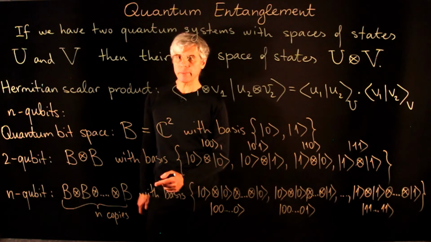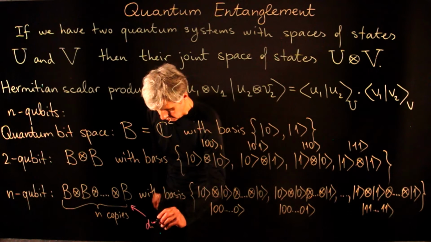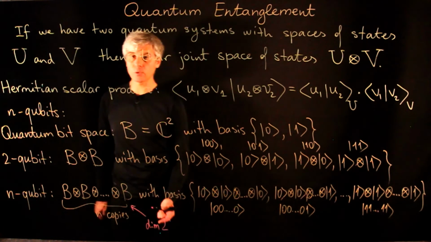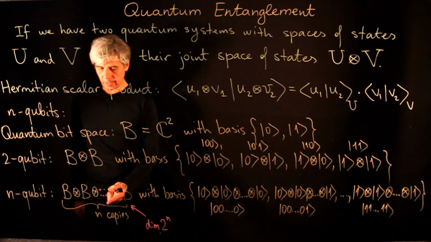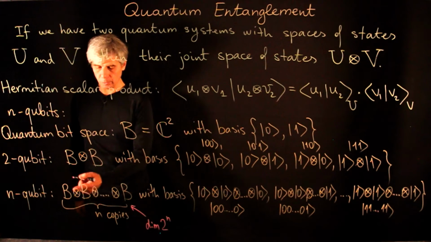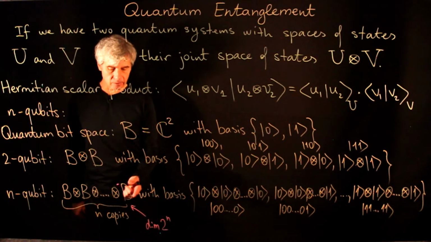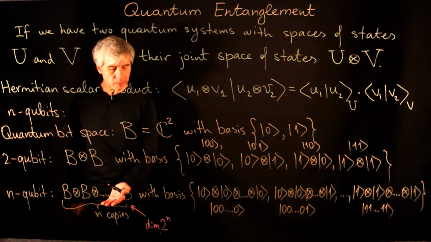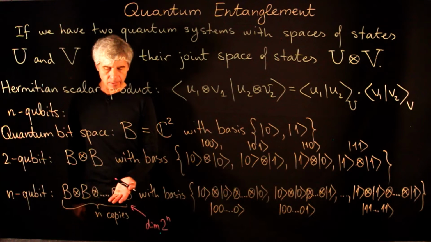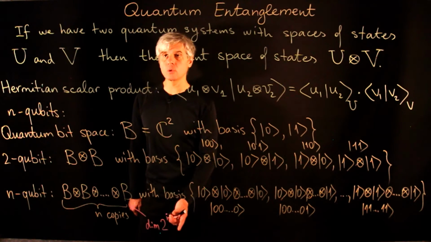Now, from our dimension formula, we see that this space has dimension 2 to the power n, right? And this is a very powerful fact, because this represents an ensemble of n particles. For example, this can be n electrons with their spin states. If we have n particles, and each particle has a two-dimensional space of states, then these n particles together will have a space of states of dimension 2 to the power n.